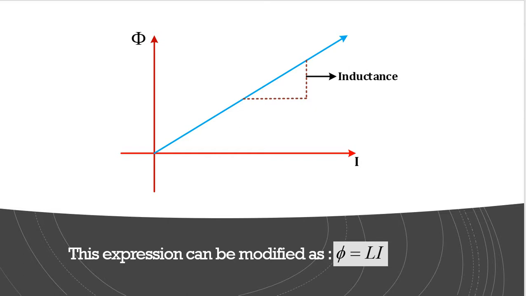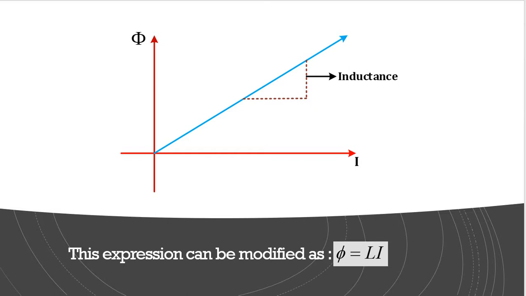The slope of this line will be taken as inductance, and the expression which I have told you previously, that particular expression of phi, in which I have narrated that phi is directly proportional to I, means electric flux is directly proportional to the flowing current, will be changed with the sign of equality, where L will be the constant value, the inductance will be the constant value, right?